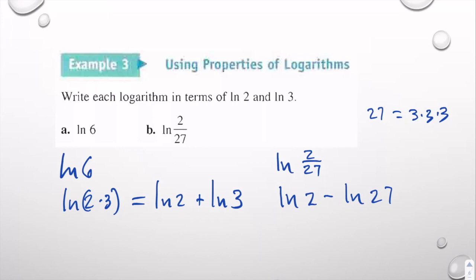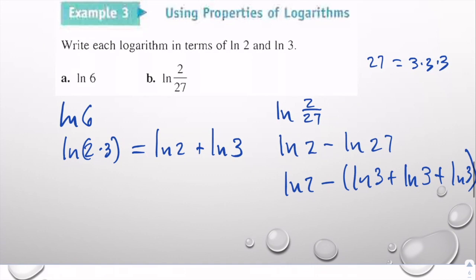So ln of 27 can be written as ln of 3 plus ln of 3 plus ln of 3. But we have an ln of 2 in front of that.